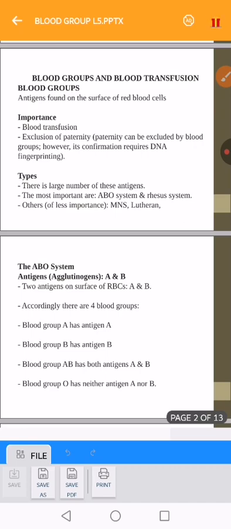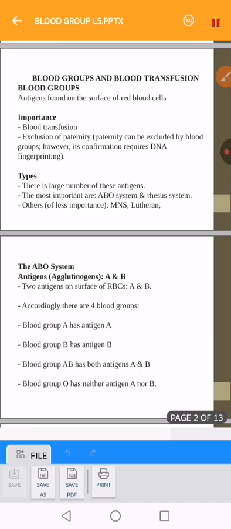So the first system, the ABO system. We have two types of antigen in the ABO system, either A or B, and those two antigens are attached to the surface of the RBCs. So accordingly, we have four groups of blood.